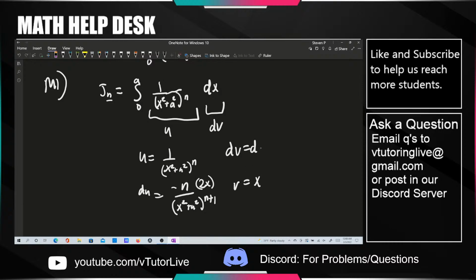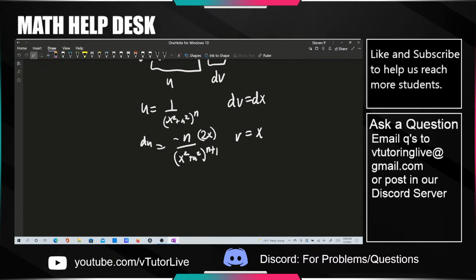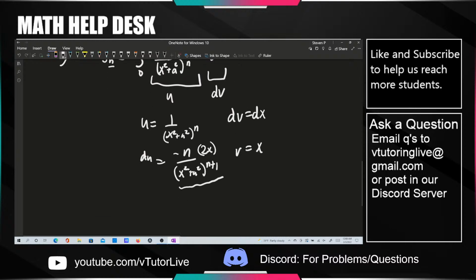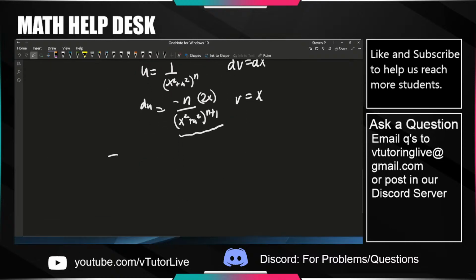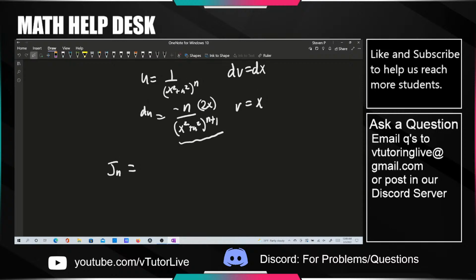Well, I will continue a little bit more because I want to show you how this is starting to look like the Jn plus 1, but I'm going to massage it a little bit more to make this more clear. So remember, Jn is equal to, by the integration by parts formula, uv minus the integral of v du.